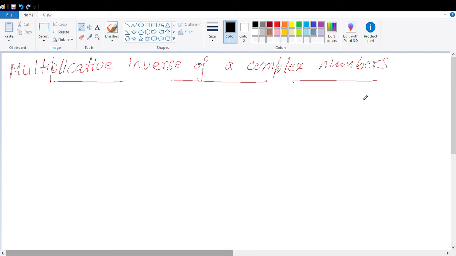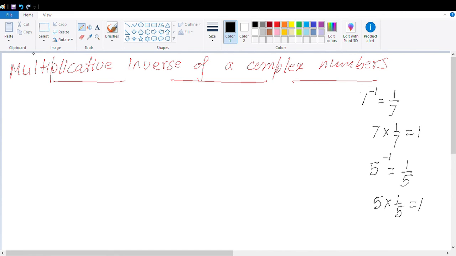If I ask you the multiplicative inverse of 7 will be equal to what, then you will say 1 upon 7. Why? Because if you multiply 7 and 1 upon 7, then you get the answer 1. Same for the multiplicative inverse of 5, it will be 1 upon 5, because if you multiply 5 and 1 upon 5, then you get the answer 1.